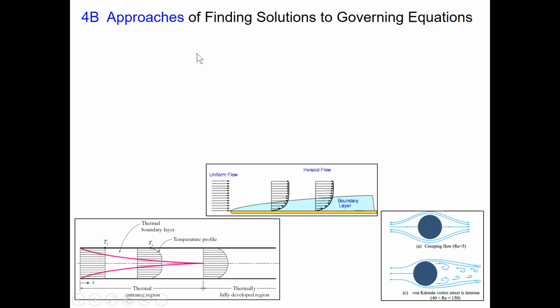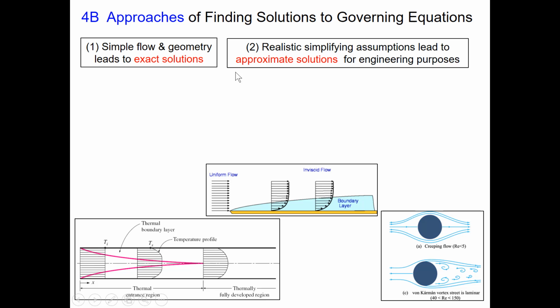Then do we have hope to find solution? Sure. B. Then what are the strategies of finding the solution to those very difficult governing equations? Generally speaking, there are 2 categories.